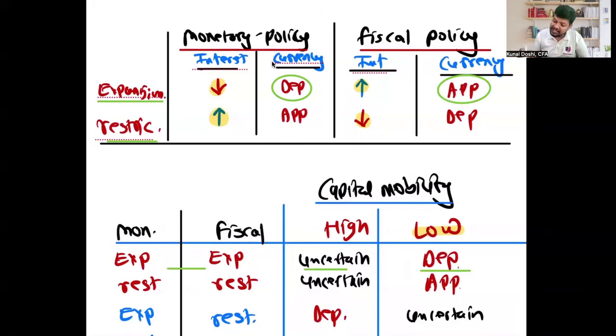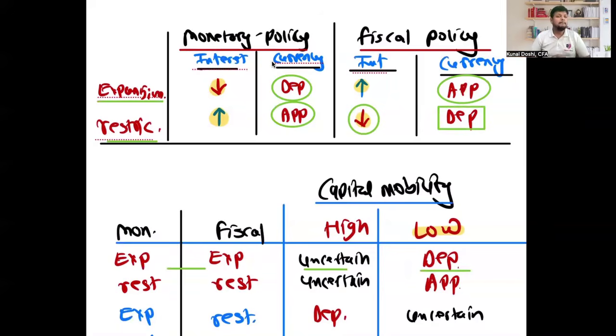When the monetary policy is restrictive, where the interest rates are high, the currency appreciates. In fiscal policy, if it is restrictive, the government will spend less and charge more taxes. So the requirement of funds is less, the interest rates are low, and that will cause depreciation.